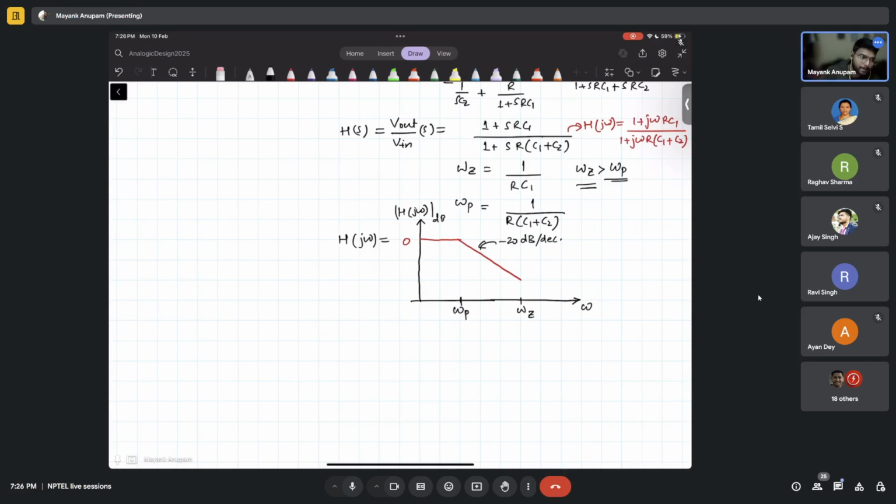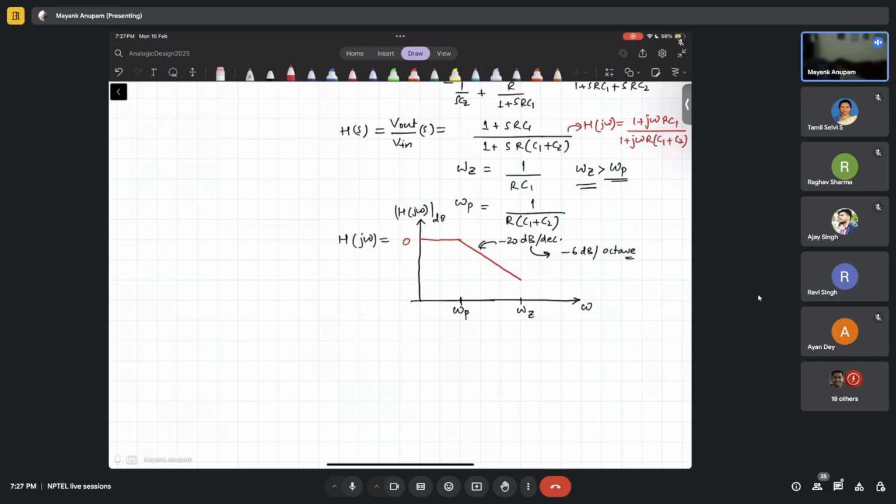It is also written as minus 6 dB per octave. An octave means multiplication by 2, twice the frequency. All right? So it is minus 20 dB per decade.